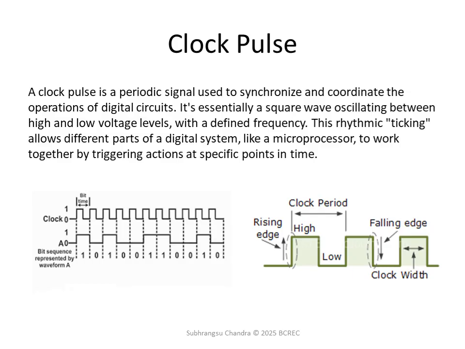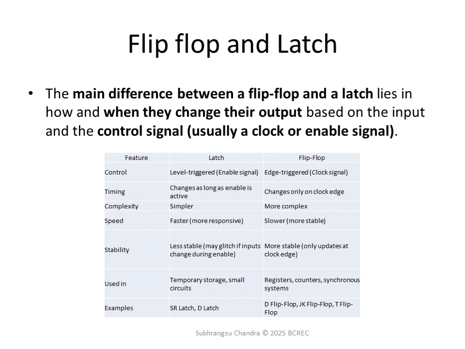The difference between a flip-flop and a latch is that the latch does not contain any clock pulse, but the flip-flop contains a clock pulse. The reason a latch is less stable, a temporary memory, and a small circuit is because it does not contain any clock pulse. But because of this clock pulse, the flip-flop is more impulsive as well as more accurate, you can say.